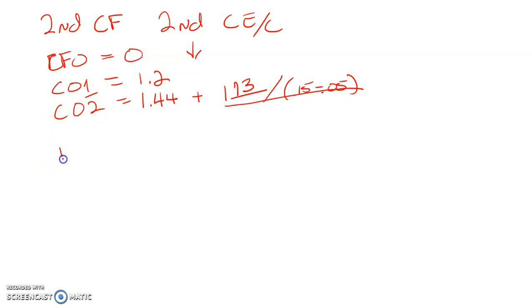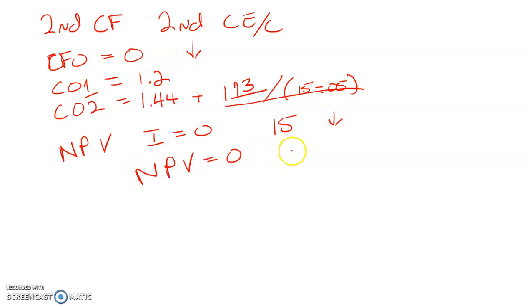So now, if you get the NPV key, it's going to display I equals 0. You're going to type in your required rate of return, 15, hit enter. Go down, and it's going to show you NPV equal to 0.